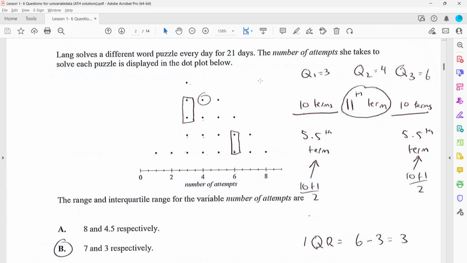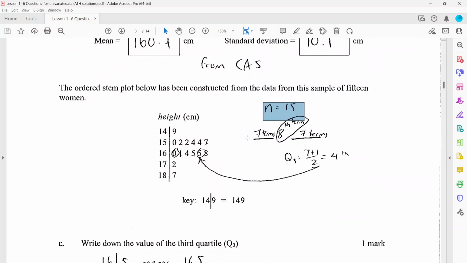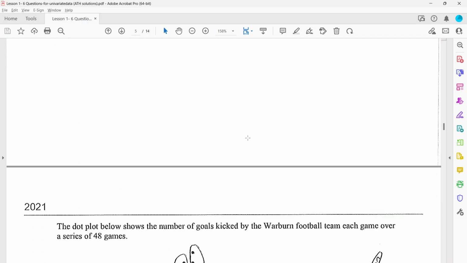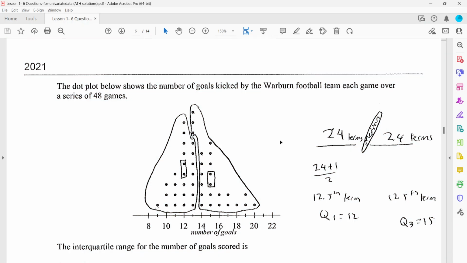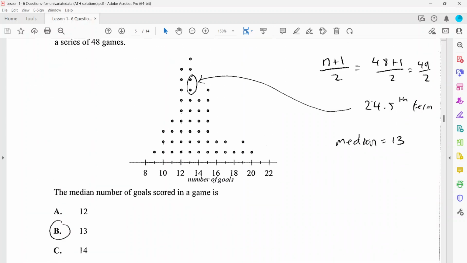But that's because we had an odd number of n, which was 21, and in this case, 15. But in the question we're up to now, we want to work out the median of an even number of n. And what we did before was we just worked out that it was the 24.5th term.